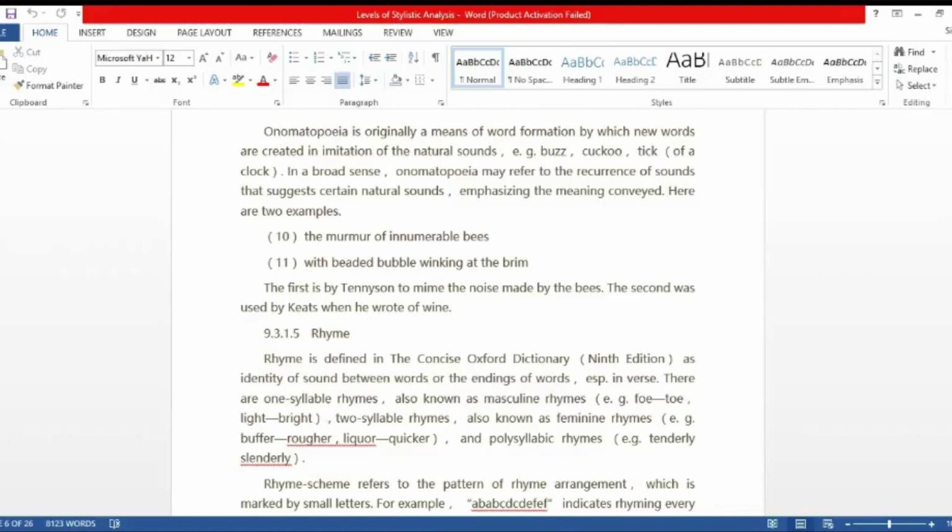For example, the buzzing of bees: that zzz sound is captured and the word buzz is used. And then there is beep for a horn. The vehicles that run make a beeping sound, so the word beep is derived.